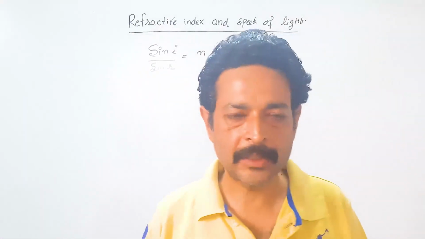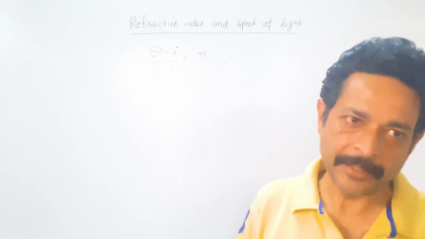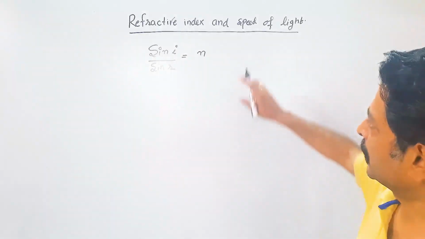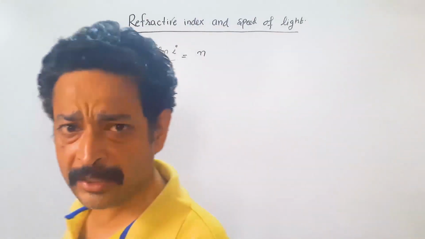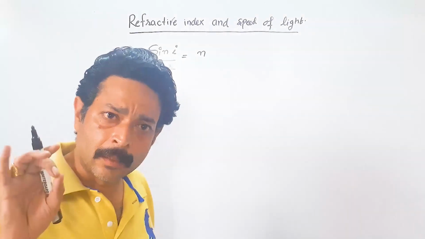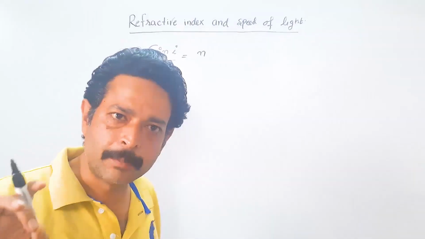Now today we will discuss one more method by which we can represent refractive index, that is in terms of speed of light. Remember one thing, refractive index is the light bending ability of a medium.